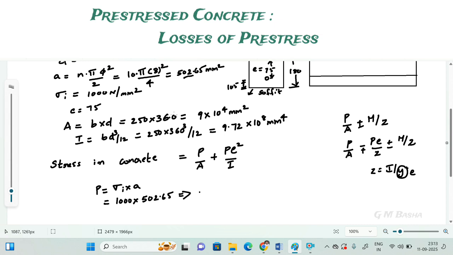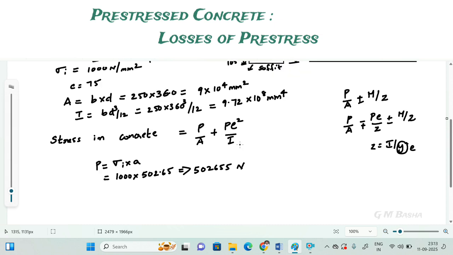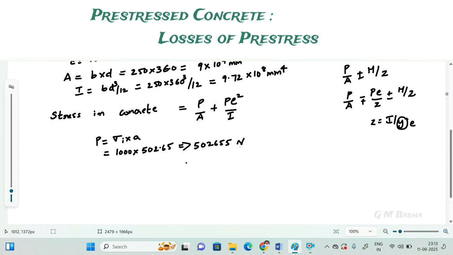If you simplify, that one will be equal to 502.655 into 1000. In terms of newtons, you will get directly.